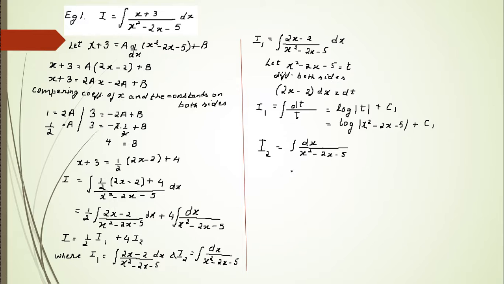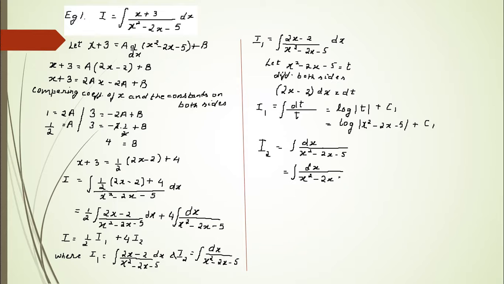That is, in the denominator we have to add and subtract 1 by 2 into the coefficient of x whole square. So we will get this is equal to integral dx divided by x square minus 2x, right?